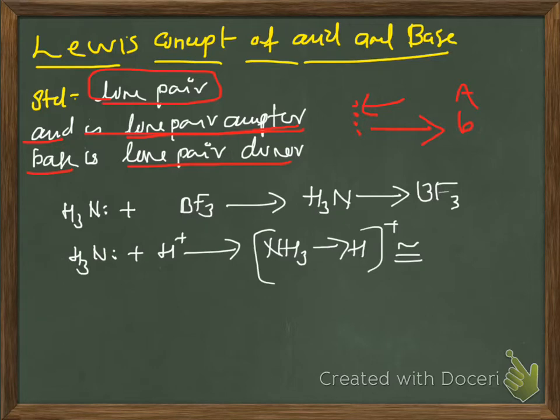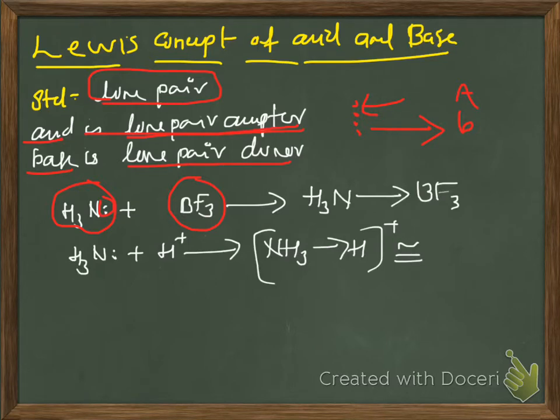See the examples. Here, ammonia. As you know, this molecule contains one lone pair. After completing the octet, the central atom of this molecule contains a lone pair that is represented by two dots. At the same time, the molecule BF3 is an electron deficient compound in which boron has only 6 electrons in the valence shell.